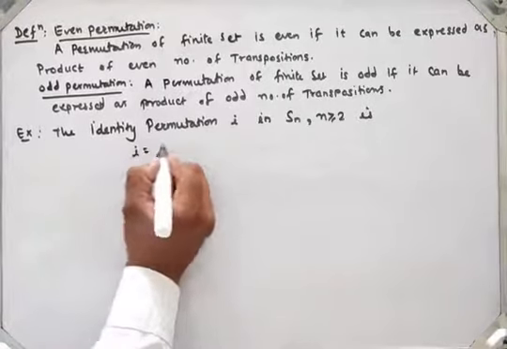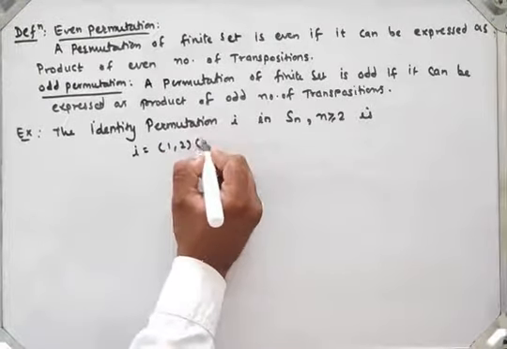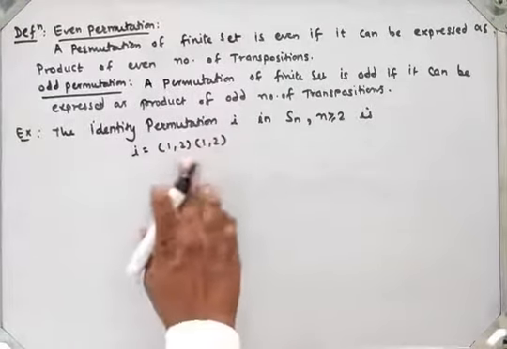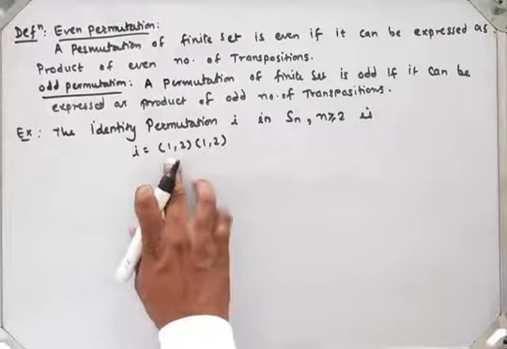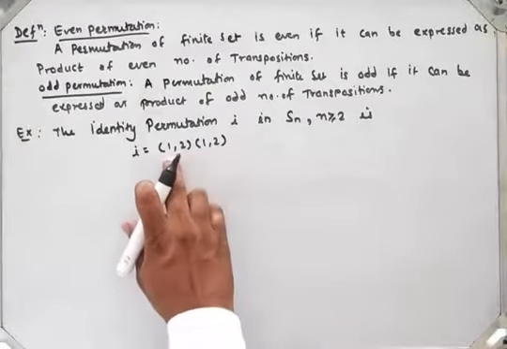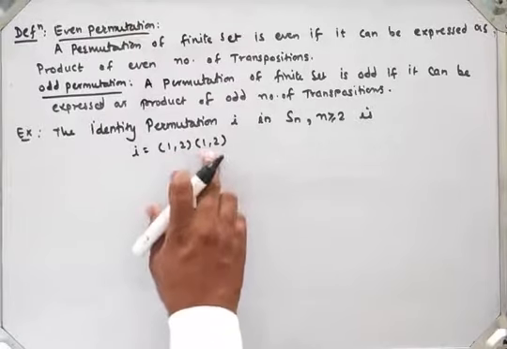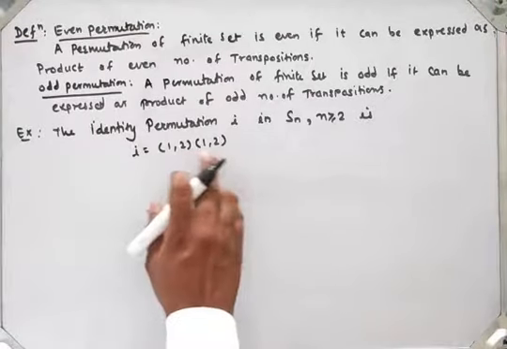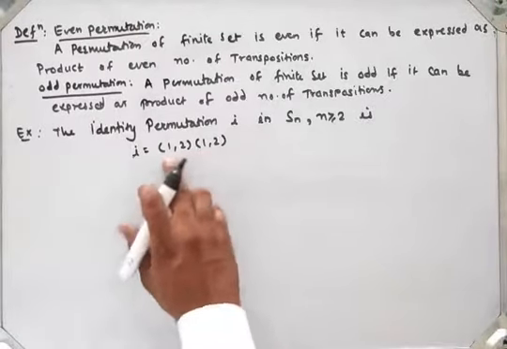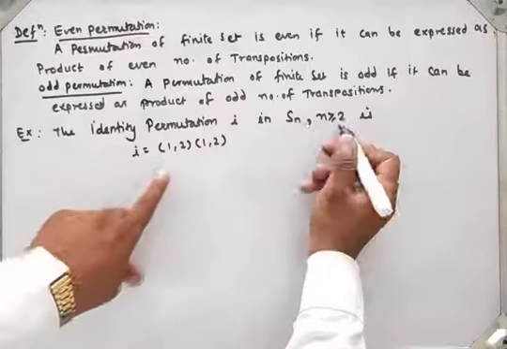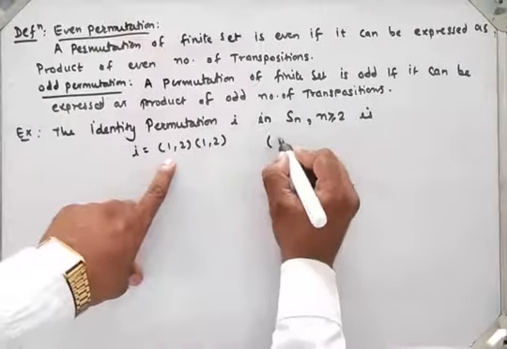I is equal to (1 2) times (1 2). So this is a product of two cycles, and each cycle has length 2, therefore this is a product of an even number of transpositions. Here n must be greater than or equal to 2, so we write (1 2).